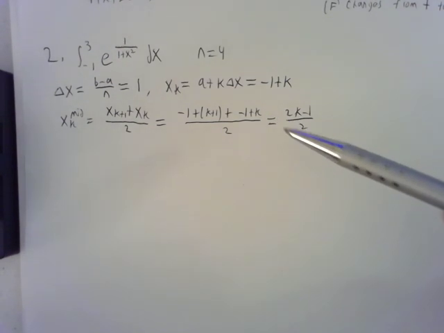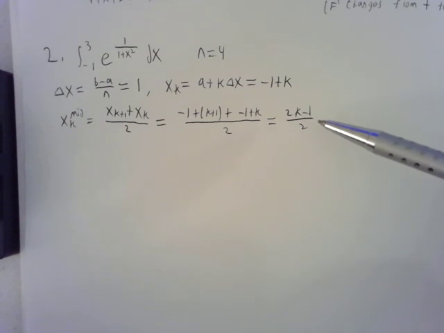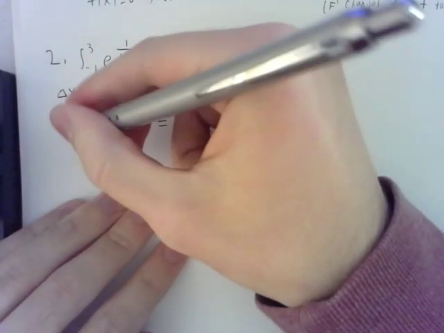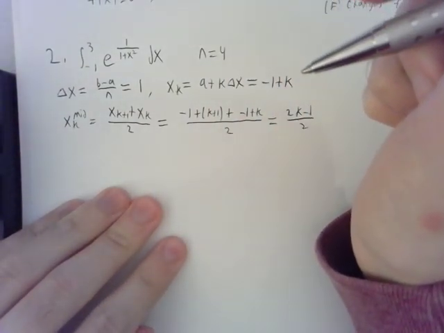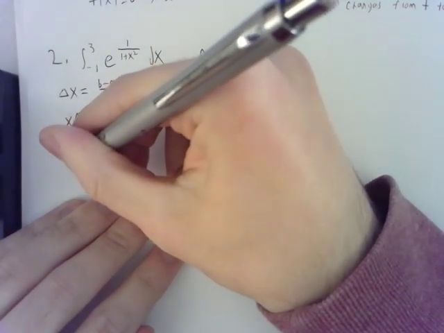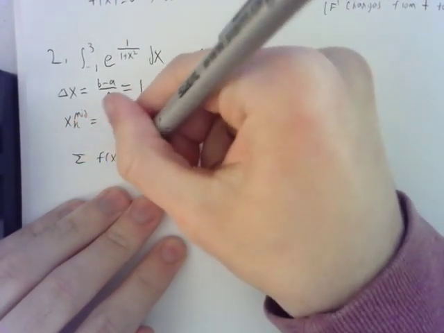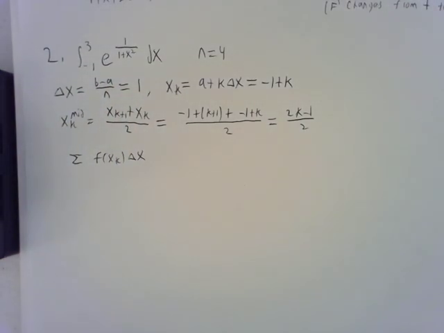Let's see. Now that we have our xk mid, we can try to write down what is the general form for our Riemann sum. It's going to be a sum f of xk delta x. Let's think about what our indices have to be.